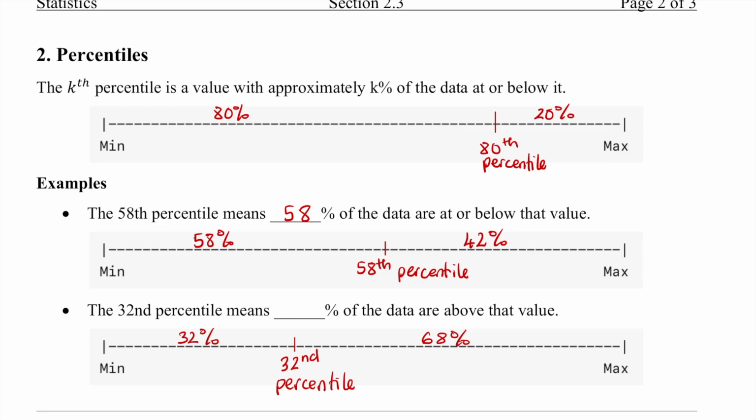So to complete this sentence, the 32nd percentile means what percent of the data are above that value. At the 32nd percentile, we have 32% below that value and 68% above that value.